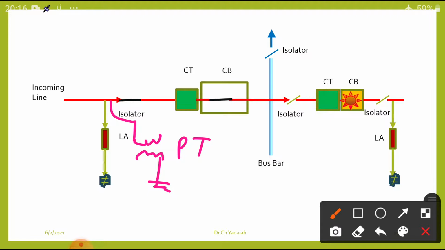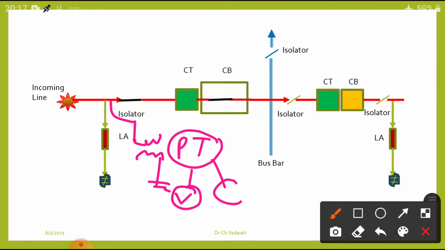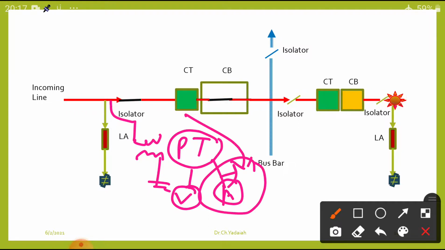That means we are going to measure the voltage of this incoming supply. For that purpose, one output is connected to the voltmeter for measuring, and another goes to the relay system for protection. So the relay, with the CT and PT, always observes the characteristics of the line current and voltage and gives abnormal signals to the relays, and the relay will operate our circuit breaker. Okay, so this is the CT and PT.